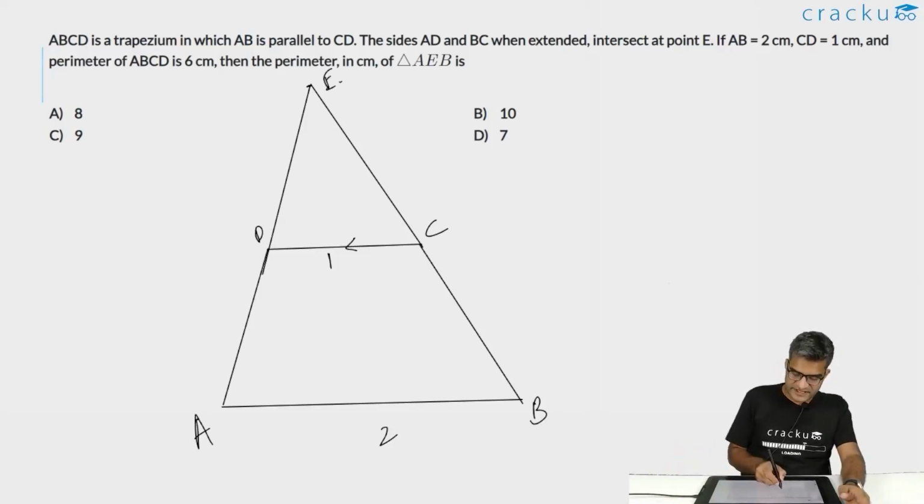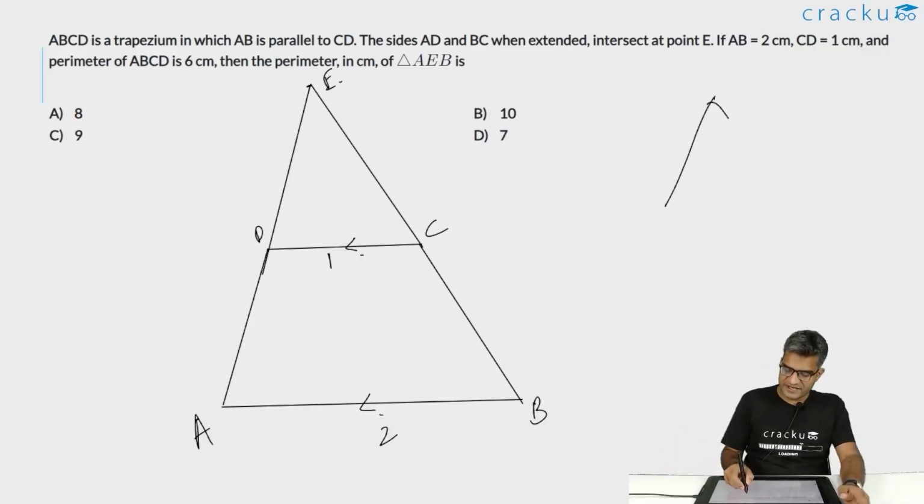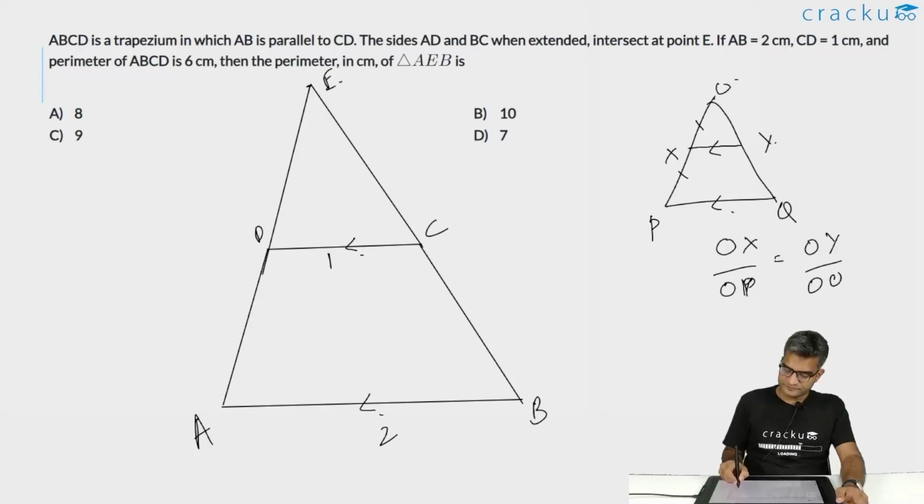What we know is that CD is parallel to AB. If you have a triangle like this, and if you are drawing a line which is parallel to the base, if this base is PQ and this is XY, if XY is parallel to PQ, it would imply that OX divided by OP will be equal to OY divided by OQ.